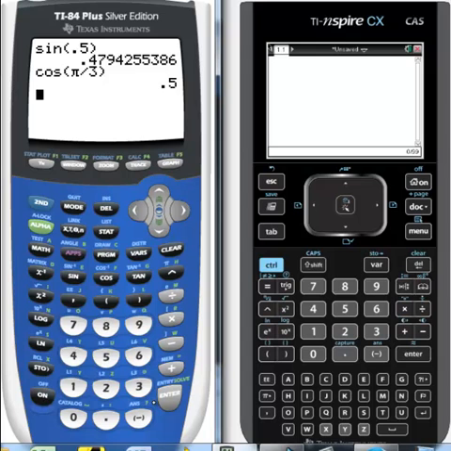Again, that pi over 3, or that 0.5, is in radians. Or similarly, the tangent of, I don't know, 1.3. And we can compute those values.